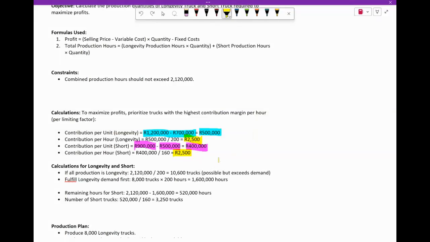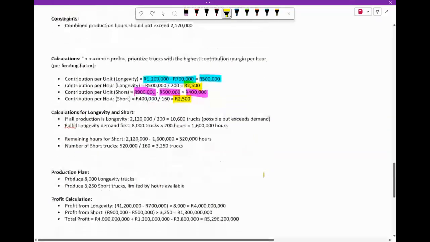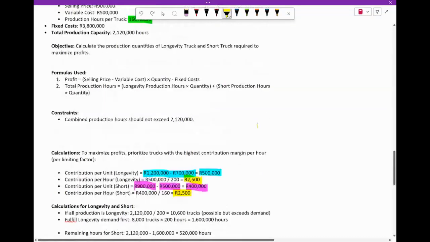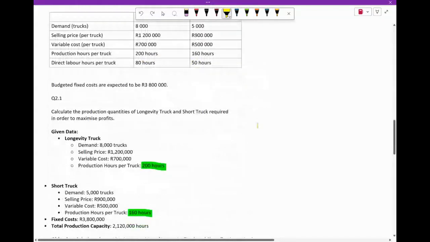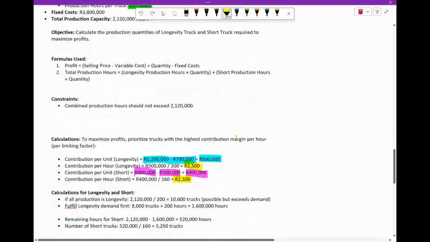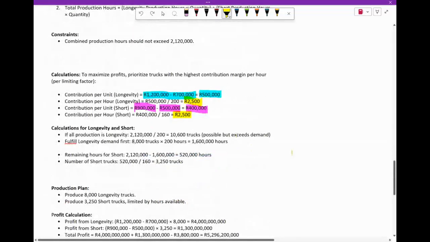Okay. So yeah, this for me was a very interesting question. We know that for longevity trucks we need 200 hours. Our demand there is 8,000 trucks, isn't it? So here you can see 8,000 trucks.